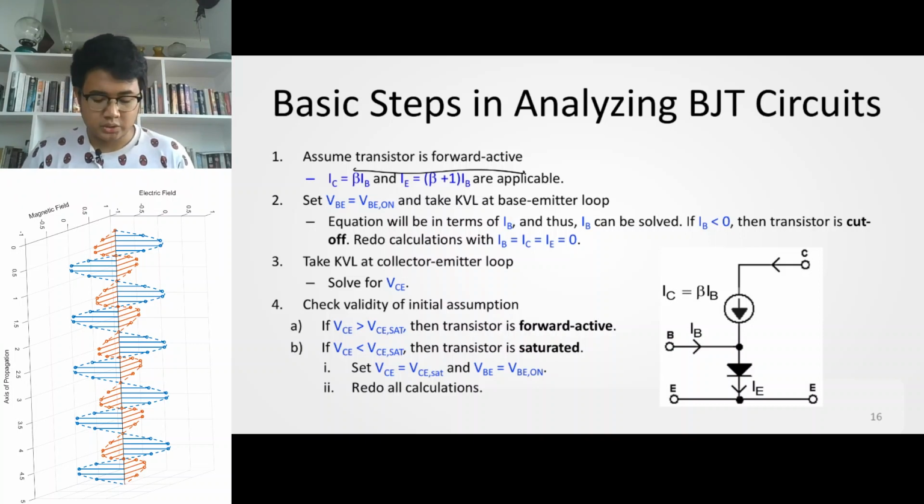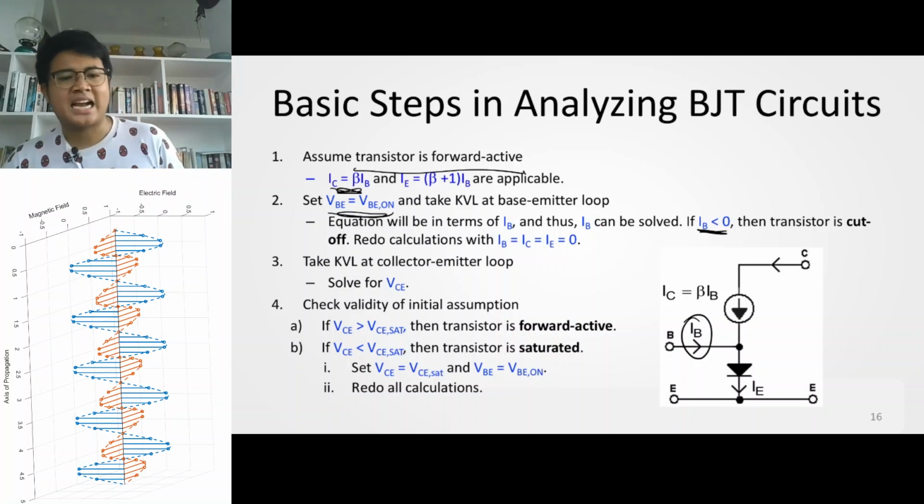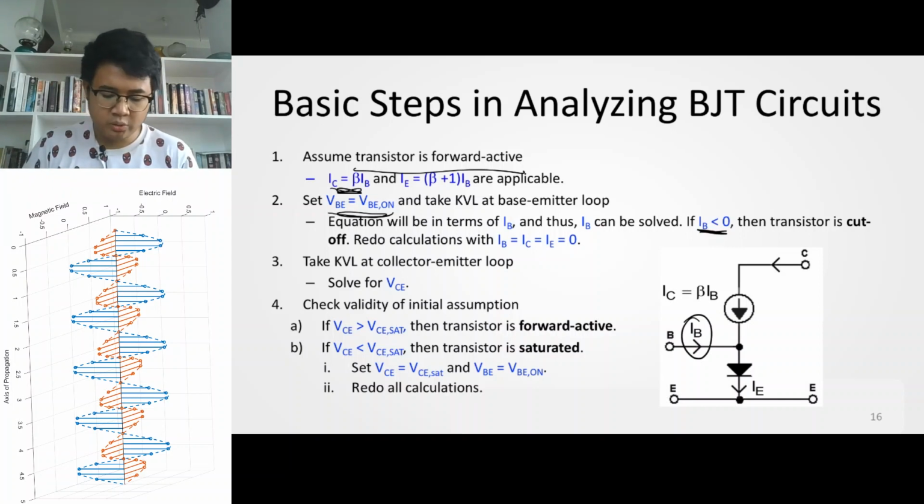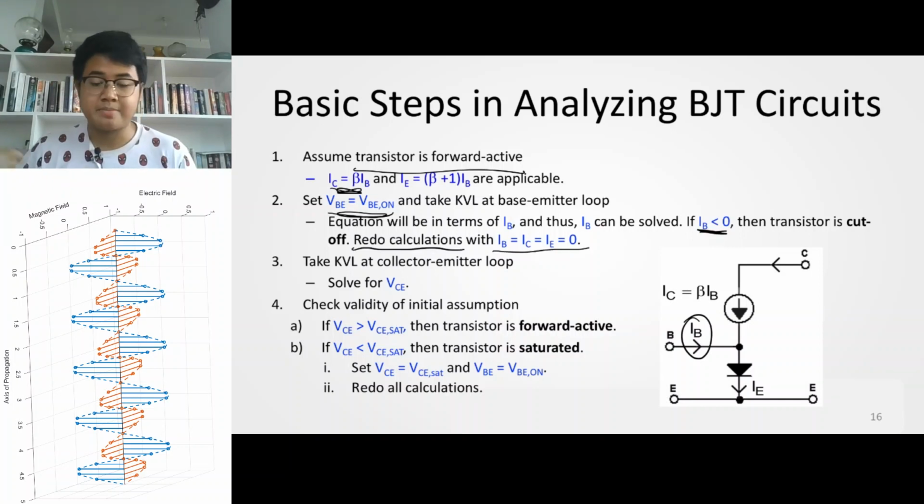If that is true, then IC is strictly equal to beta IB, and VB is equal to VBE on. You solve for IB first. If IB is less than 0, then the transistor is actually in cutoff, and you redo the calculations with IB, IC, and IE equal to 0.